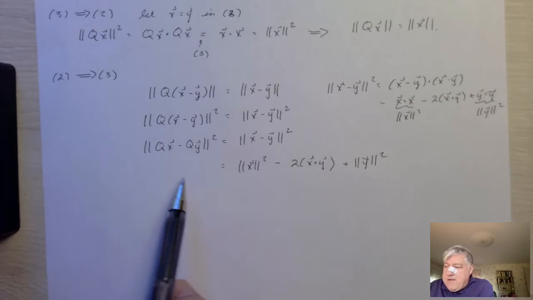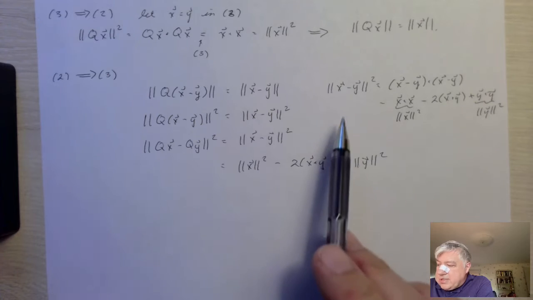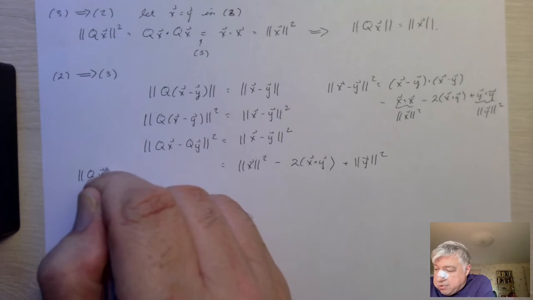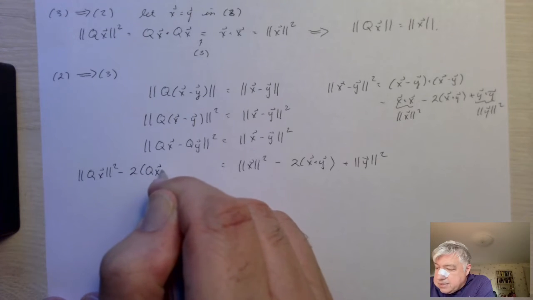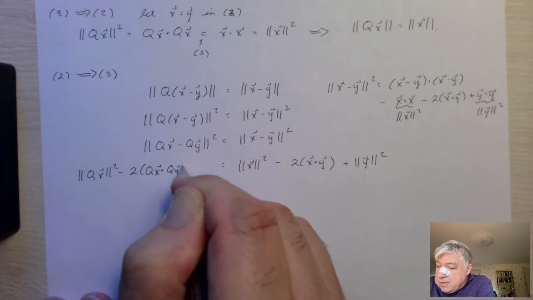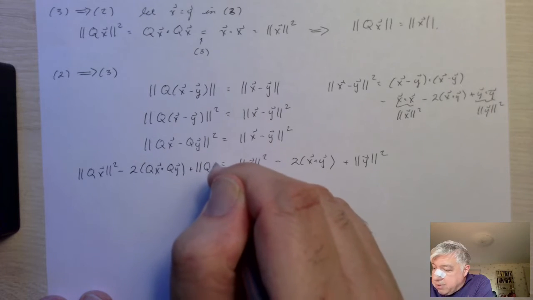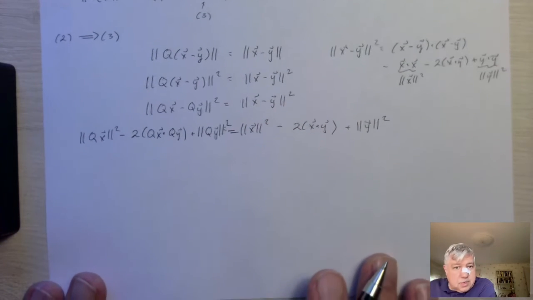And very similarly, we can just do the same thing. We replace x with Qx and y with Qy. This will be the length of Qx squared minus 2 times the dot product of Qx dot Qy plus the length of Qy squared. So this is equal.